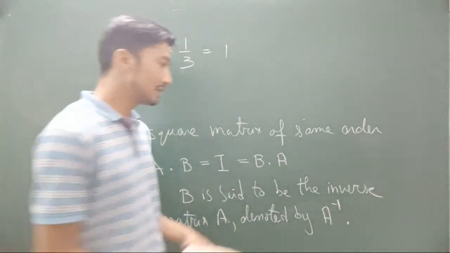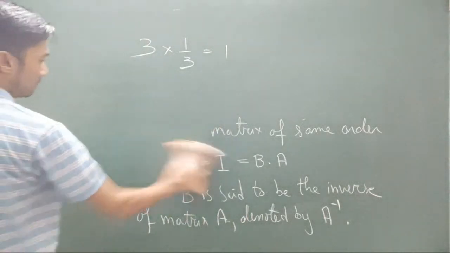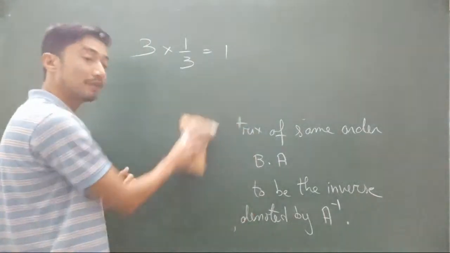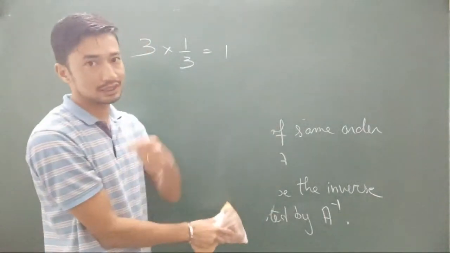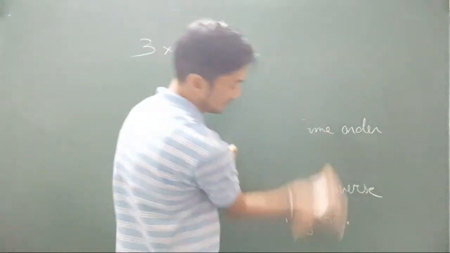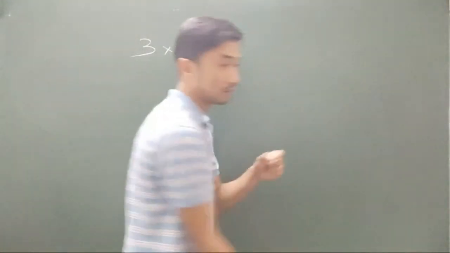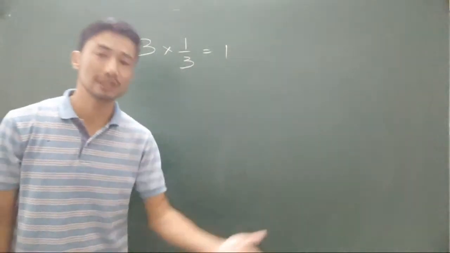There are basically two methods to find the inverse of a matrix. One is using the determinant method, which is a little bit easier, but we are not going to do that now. We'll do that when we go to the next chapter.